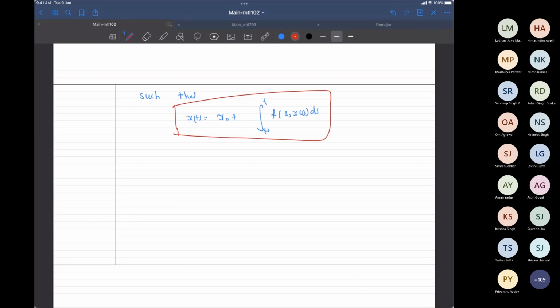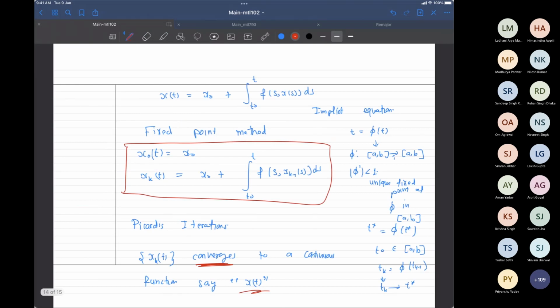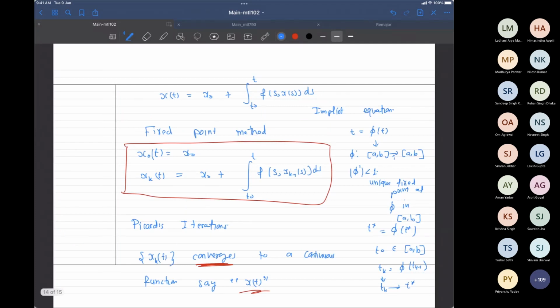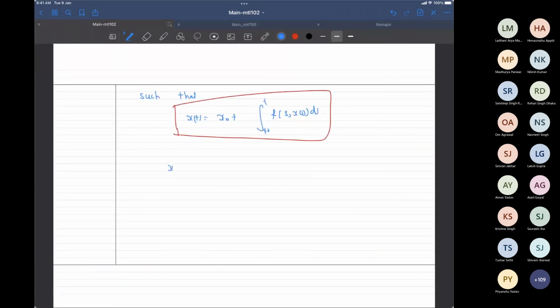Now to do that, there are several important questions. If you assume that x_k(t) converges to x(t), to show that this integral equation is satisfied, we need to look at this Picard's iteration, and let me write it here once more, to put things together and show you what we need to study. Let's take the limit k tending to infinity on both sides.